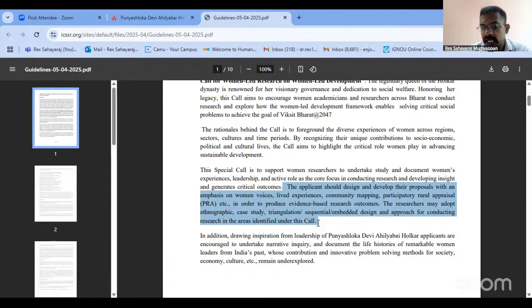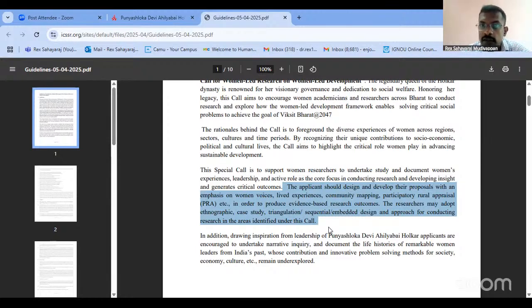For that purpose, I have shared an example of feminist research, because it gives all the criteria we have learned on feminist research. It is done on women-led development and focuses on women's issues and women's contribution to nation building, and the researcher also should be a woman.